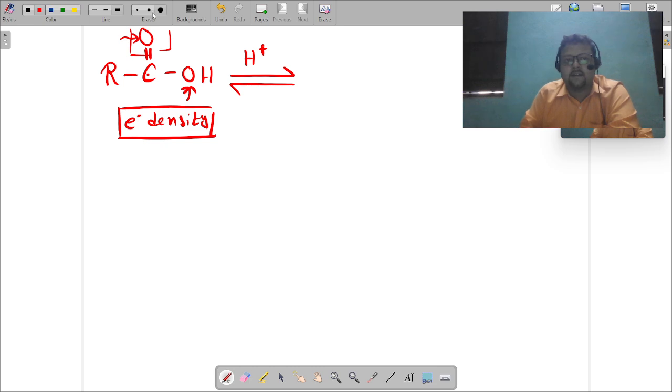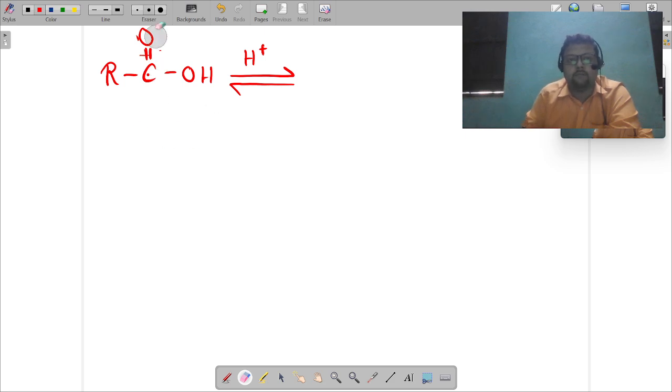As a result, the hydrogen cation H plus directly attacks the carbonyl oxygen, meaning this oxygen, and forms a cation like this.